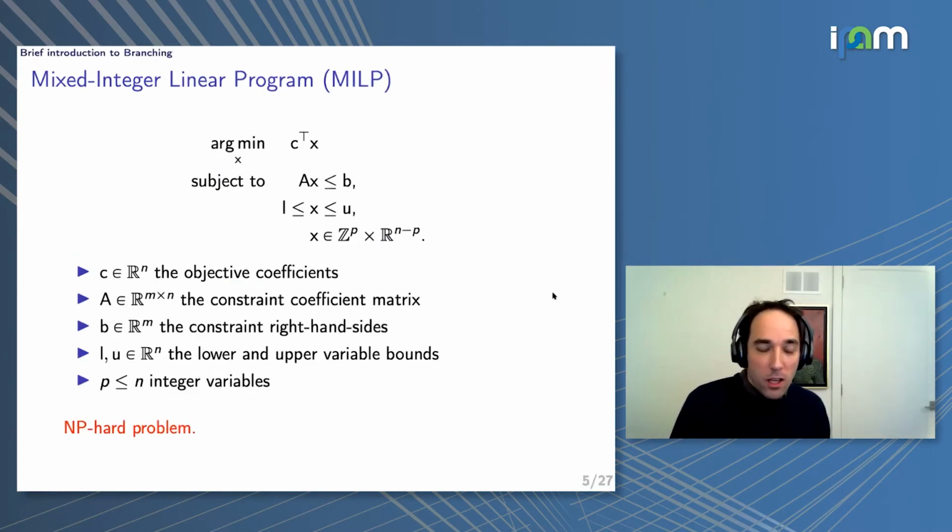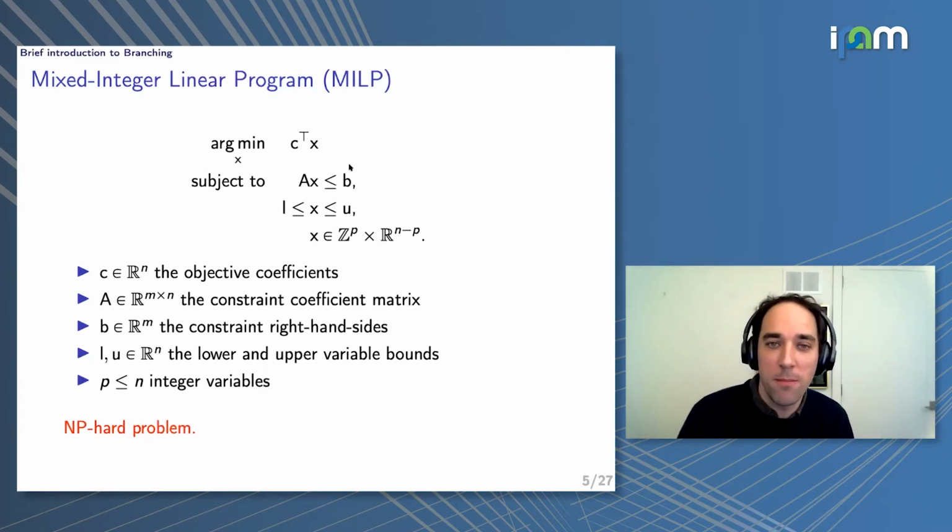So, an introduction to branching. The combinatorial optimization problem we're talking about can be cast as a mixed integer linear program, where you're trying to minimize an objective function over variables x according to a set of constraints.